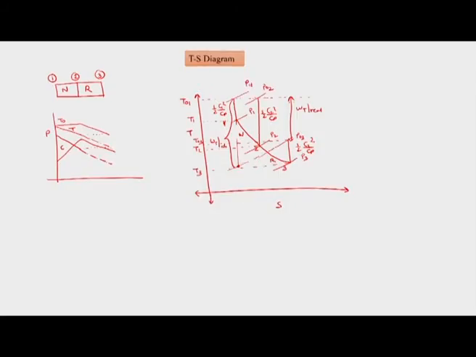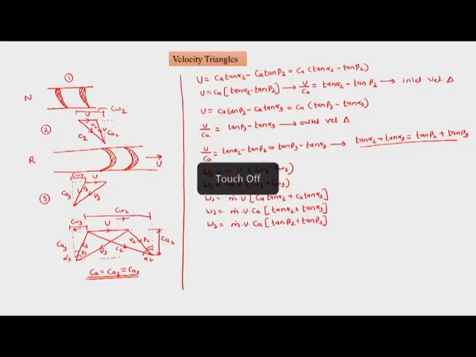So we can say Cw2 into R2 is equal to constant. From the velocity triangle we can find out Cw2: Cw2 is equal to Ca tan alpha 2.